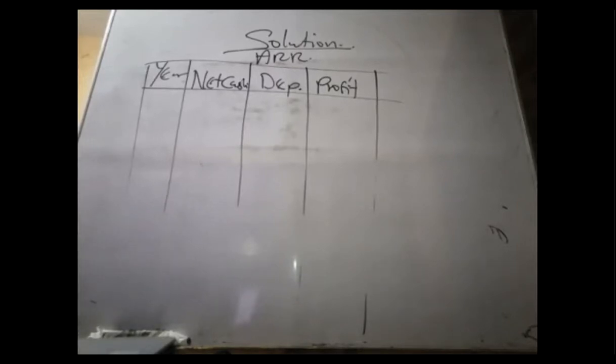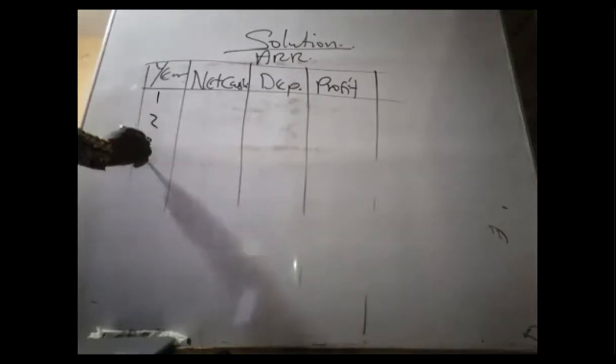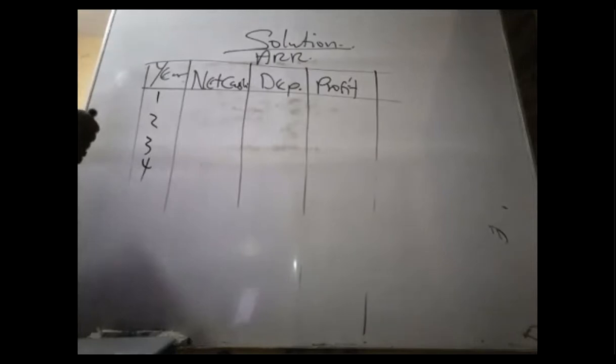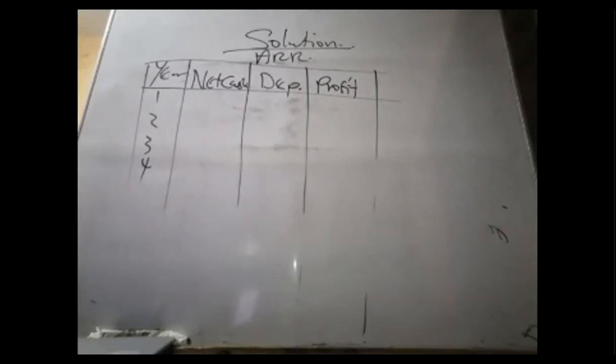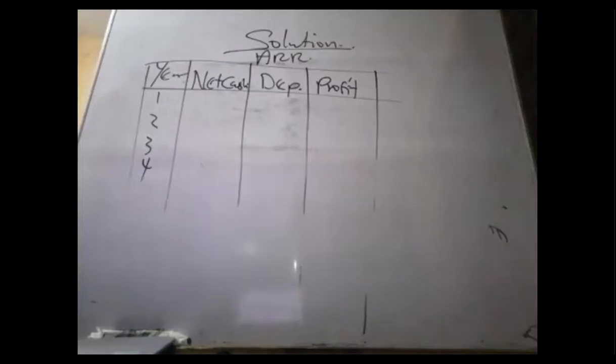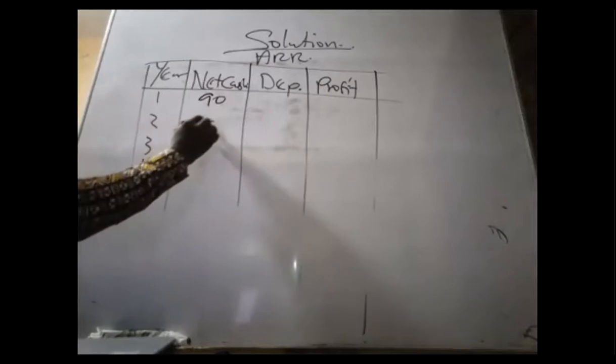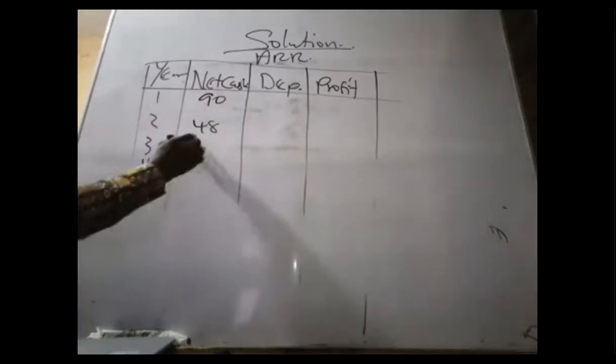Maximize the shareholders' value. Year 1, year 2, year 3, year 4. Let's go and record the cash they've given us. Cash for year 1 is 90,000, then 48,000, 90,000, 25,000. Good.